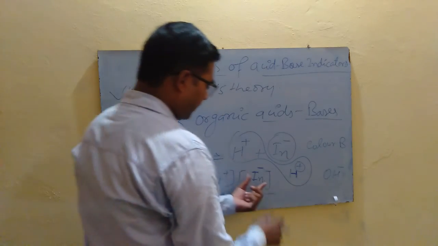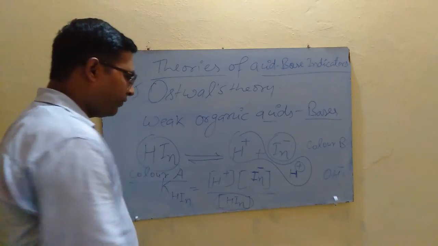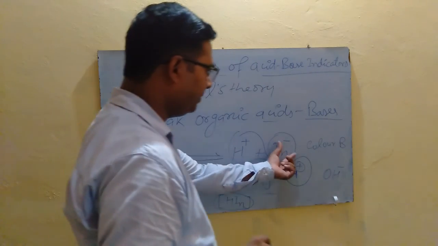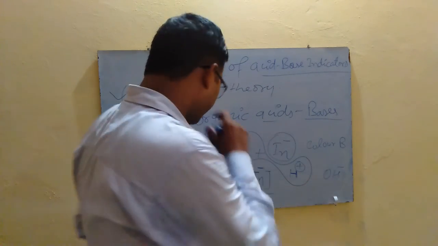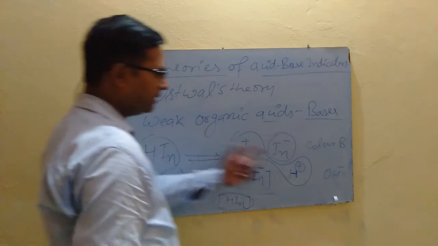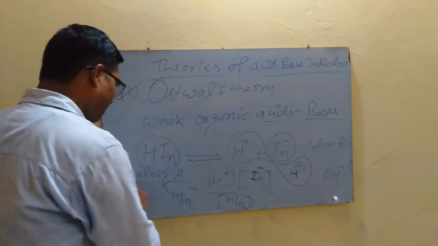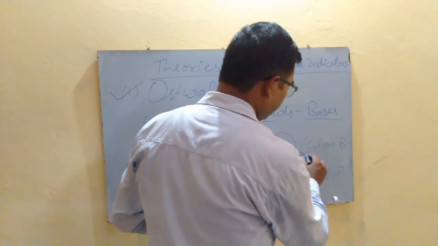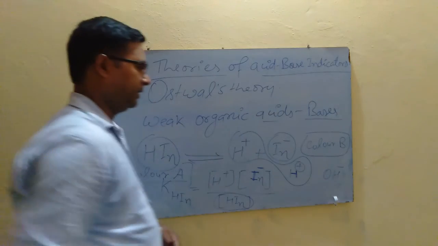So when the concentration of In minus increases, the color B will be prominent. So for this indicator, which is weak acid in nature, in acidic medium color A will be prominent, and in basic medium, color B will be prominent.